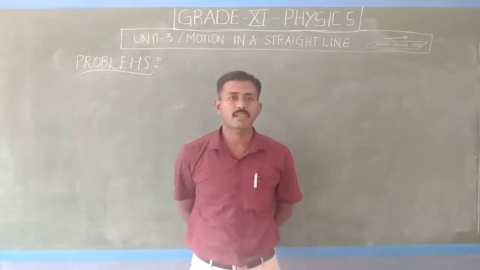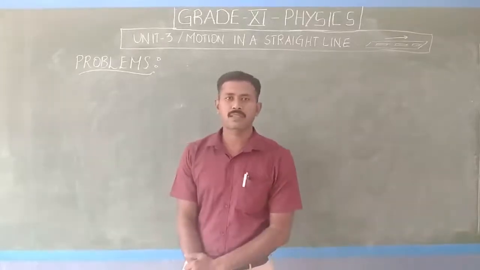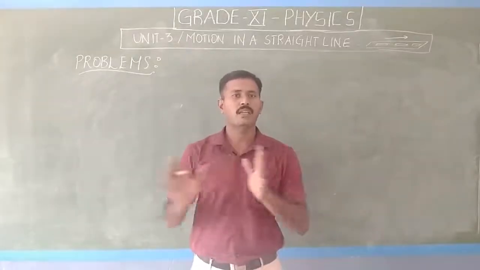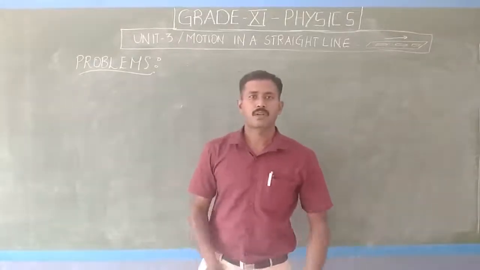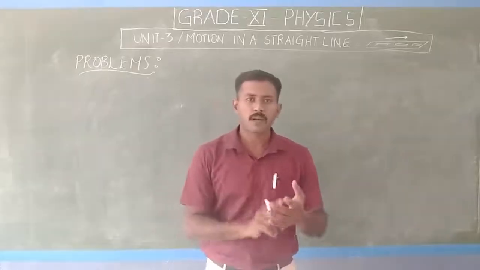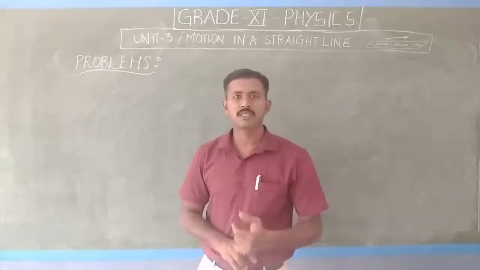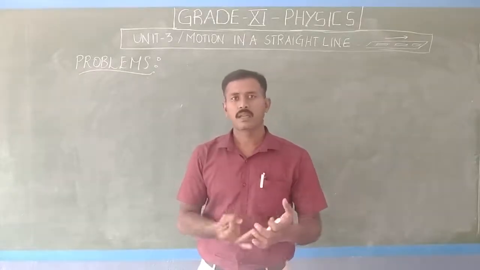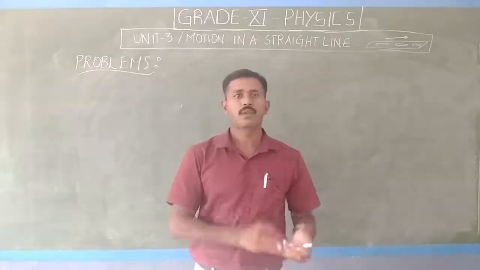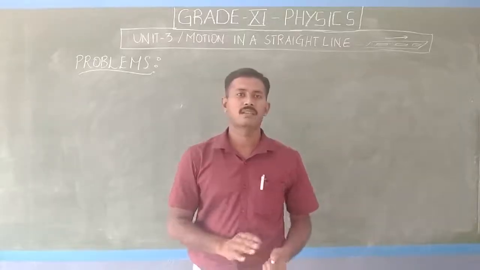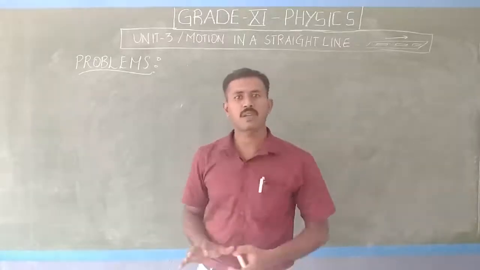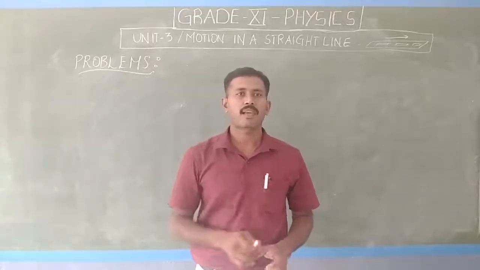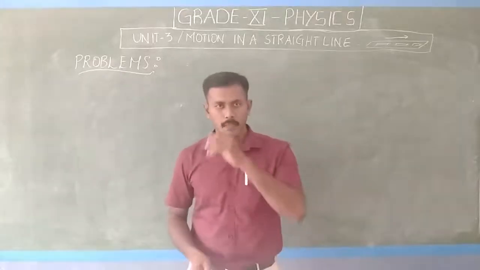I revised the session that we discussed previously, and this unit deals with the concept of motion in a straight line. The concepts that we learned are path length, displacement, velocity, linear velocity, uniform acceleration, instantaneous velocity, average velocity, and finally relative velocity.